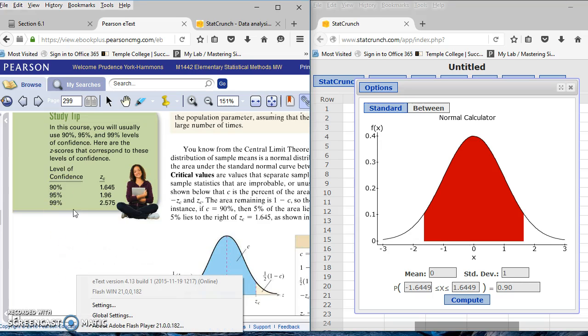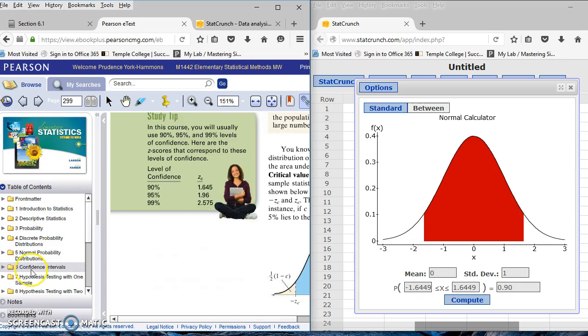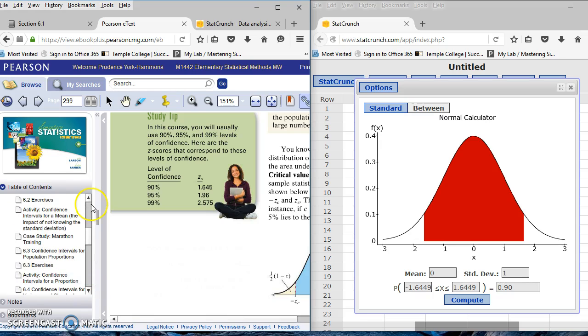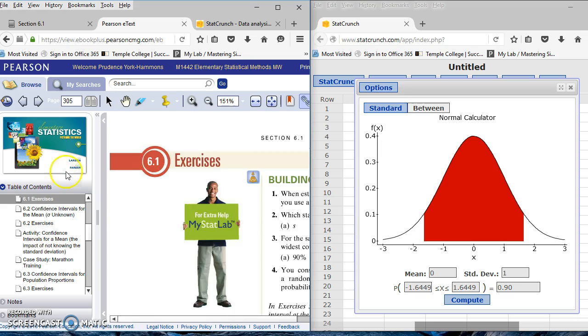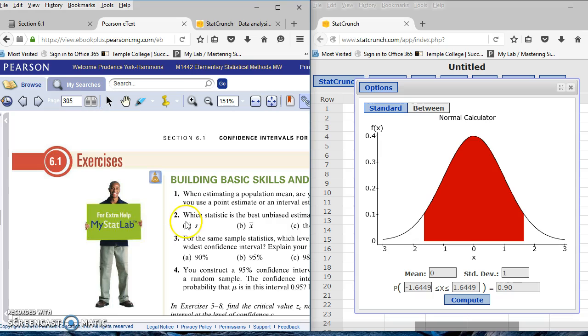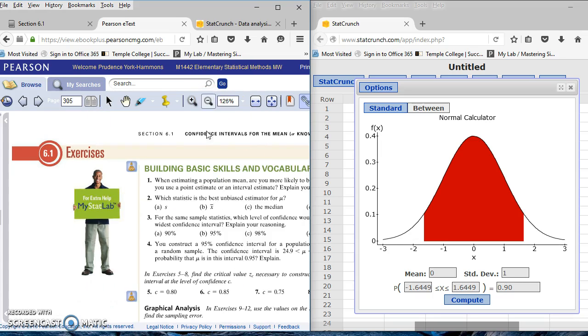So I'd like to go ahead and work through a couple of problems in your text. I'm going to go to the exercises at the end of section 1. And we'll work a couple of these that are somewhat similar to what you'll see on your homework. So let's look at question 6 from your homework.